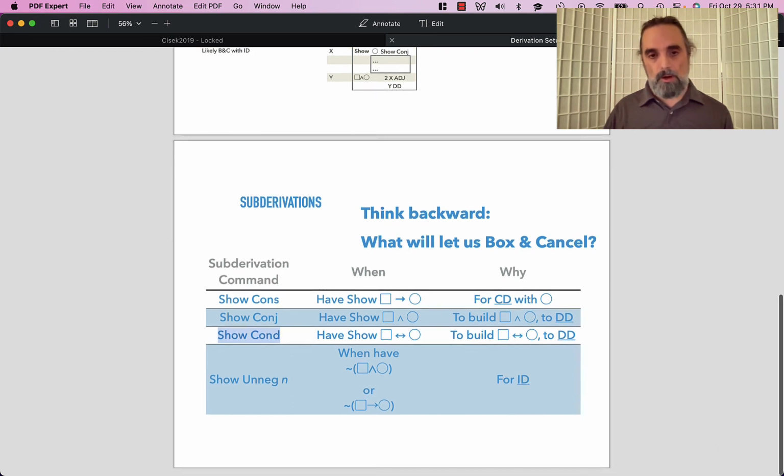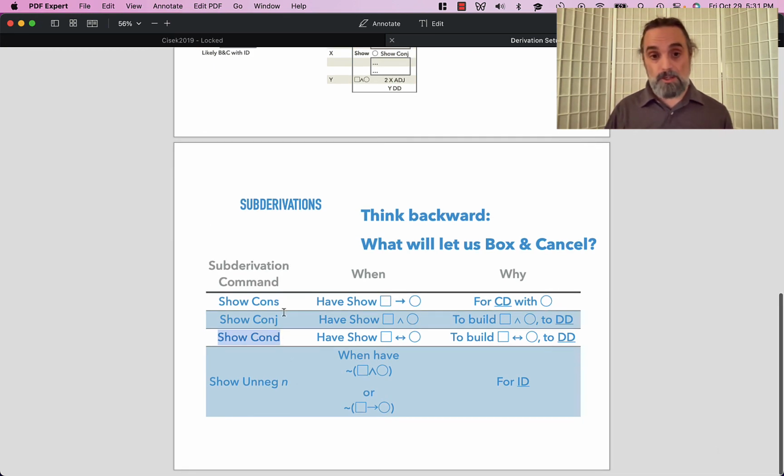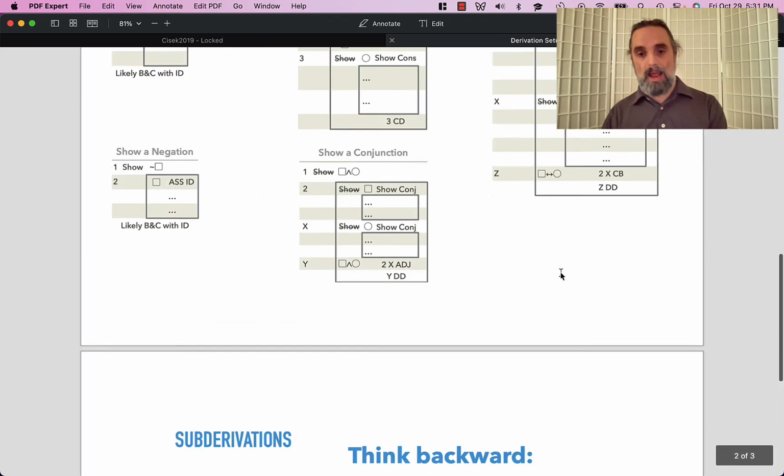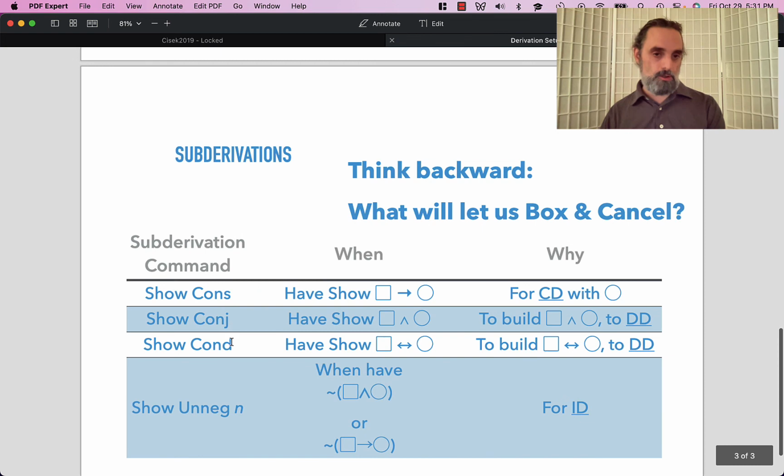We say what are our three main subderivation strategies. We'll show cond if you're trying to show a conditional, show conj if you're trying to show a conjunction, and now we have show cond if you're working on showing a biconditional. And these are all preferable to show unneg. So when you look at your derivation, think, what's my main show line, and that tells you, oh well, I should use one of these.